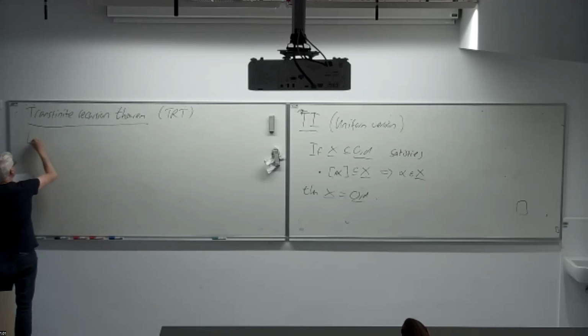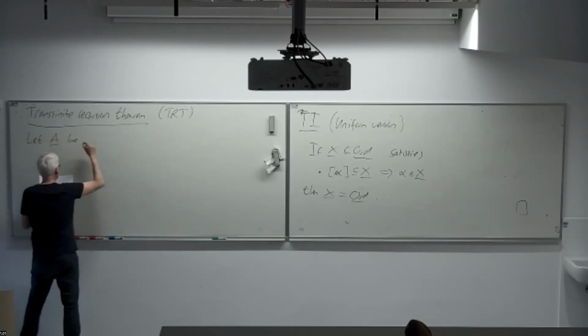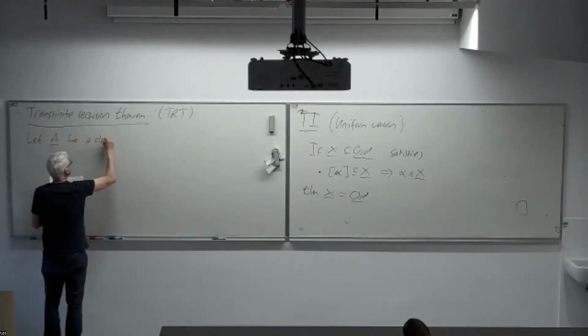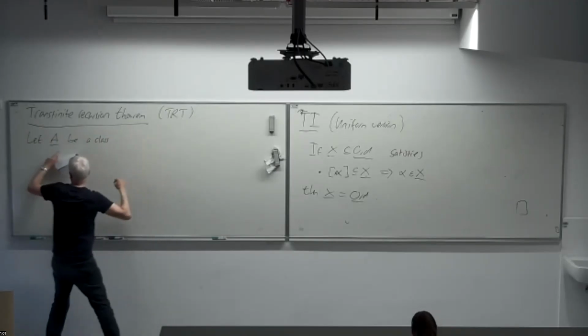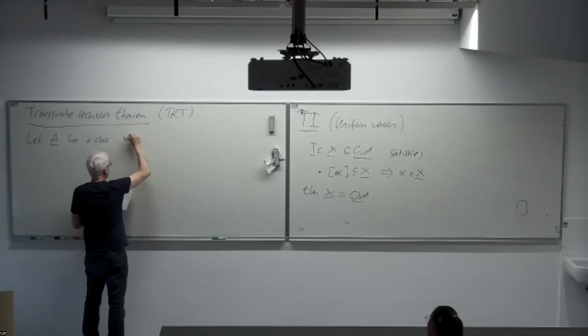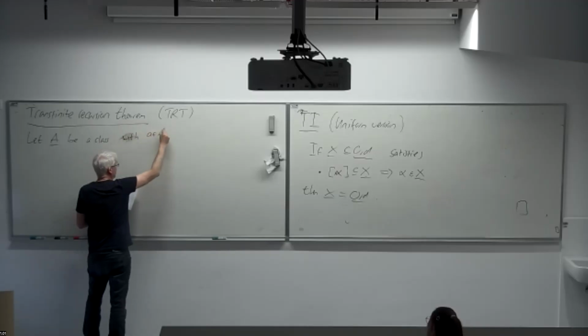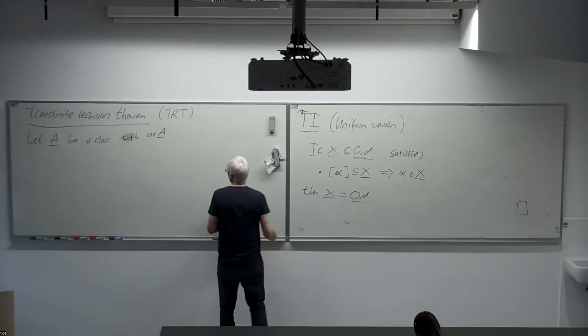So let A be a class, which is going to be the codomain. And like in the recursion theorem, we're going to give a starting element a, which is where we're going to map 0 to.